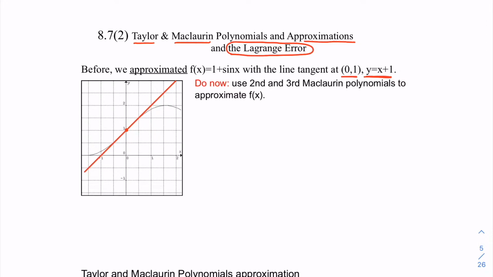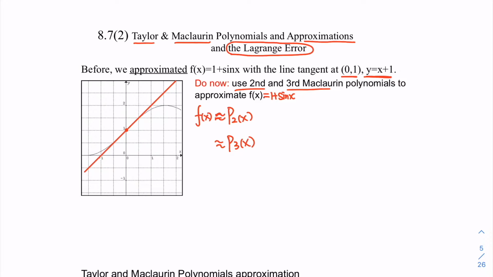So let's have a look. If we use the second and third Maclaurin polynomials to approximate this function f(x), which is 1 plus sine of x, what will we have? So, Maclaurin polynomials: f(x) is approximately equal to P2(x) or P3(x). So we are going to do the second and third polynomials.